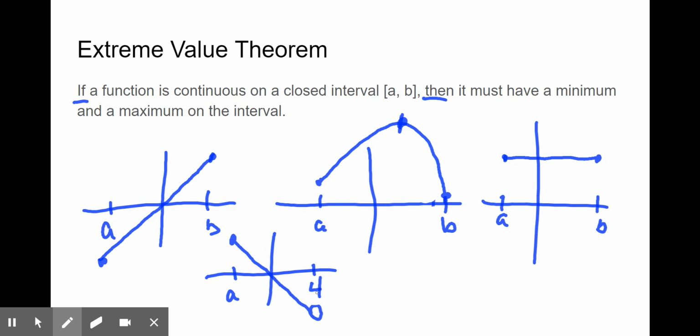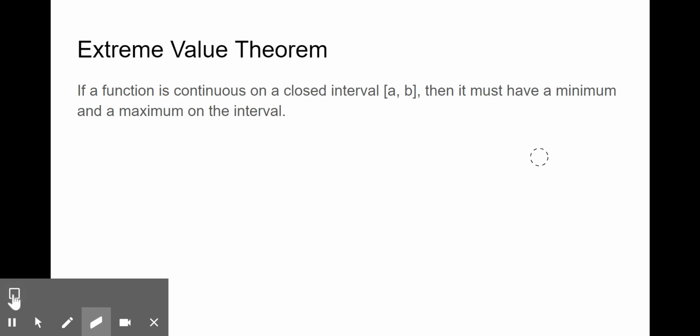Then it could be 3.99999, right? So we're never actually going to reach a specific value at which there is a point, or that we can say for certain is the absolute min. So the extreme value theorem does not hold there because f isn't continuous on the closed interval.